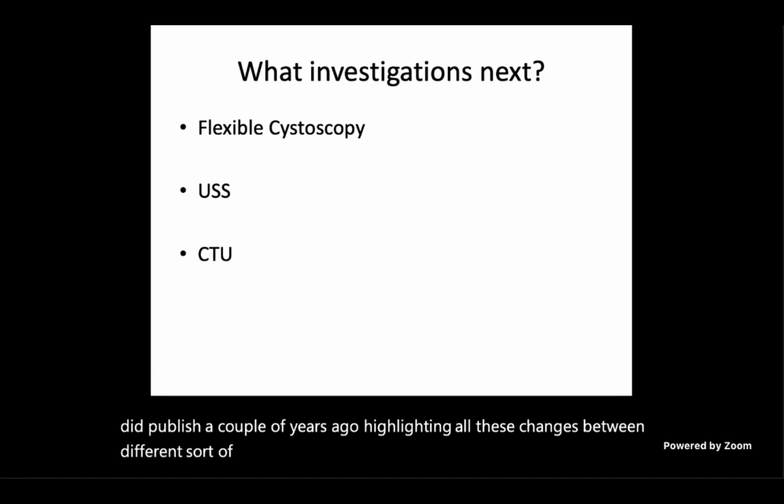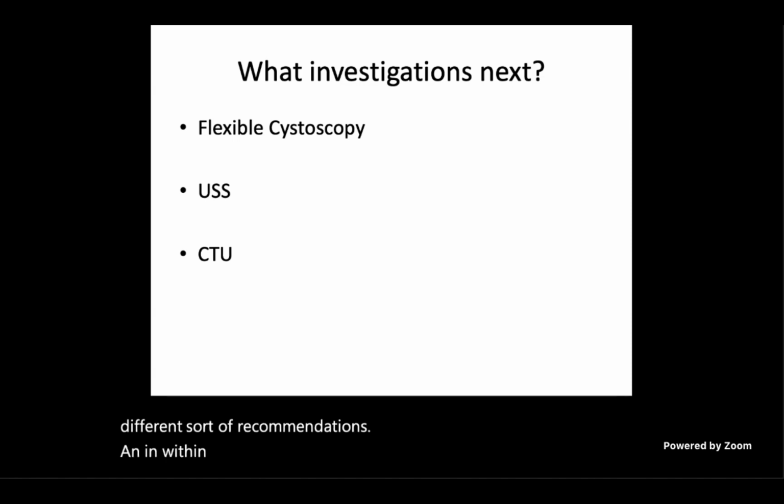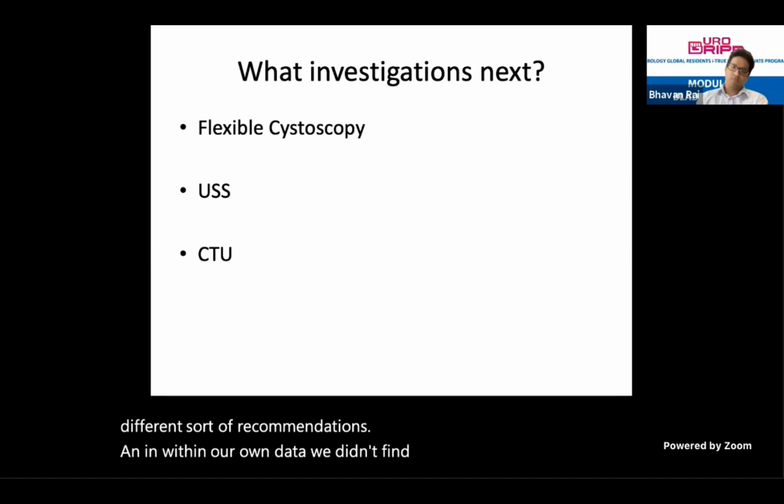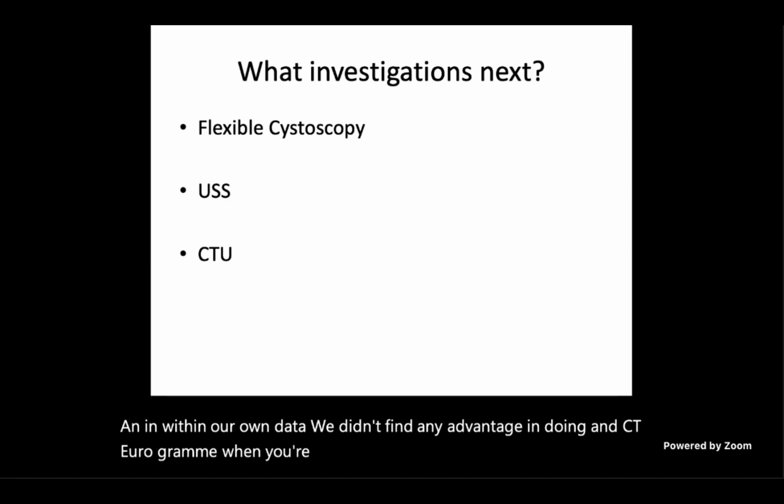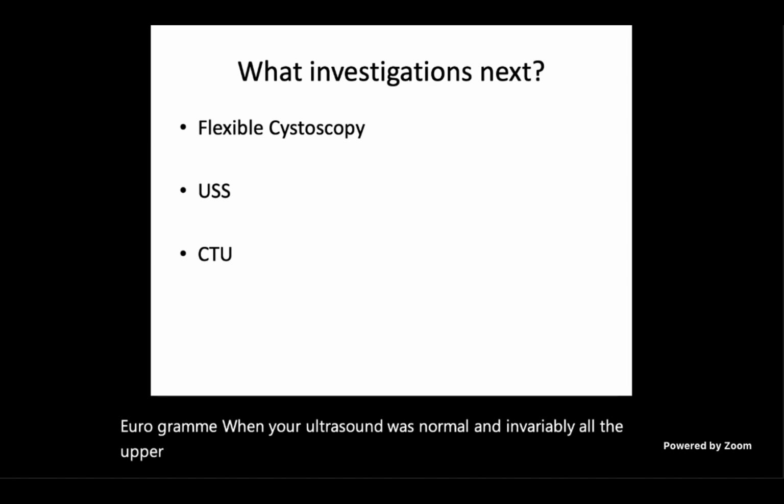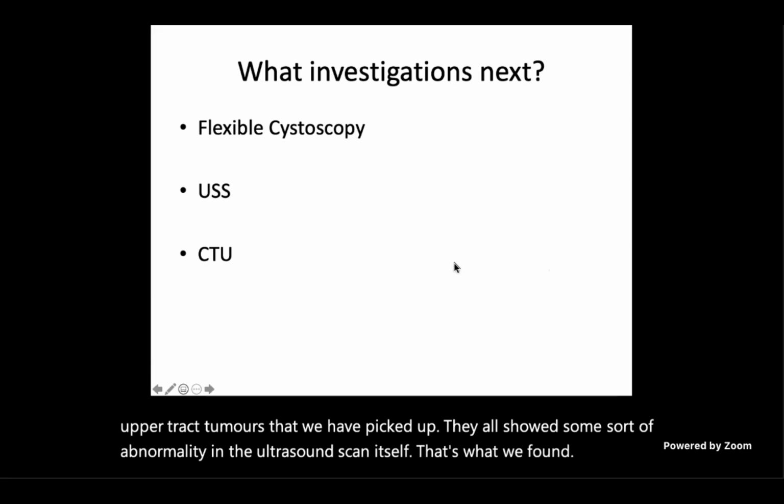Within our own data, we didn't find any advantage in doing a CT urogram when your ultrasound was normal. And invariably, all the upper tract tumors that we have picked up showed some sort of abnormality in the ultrasound scan itself. That's what we found. But that's single center data, of course.